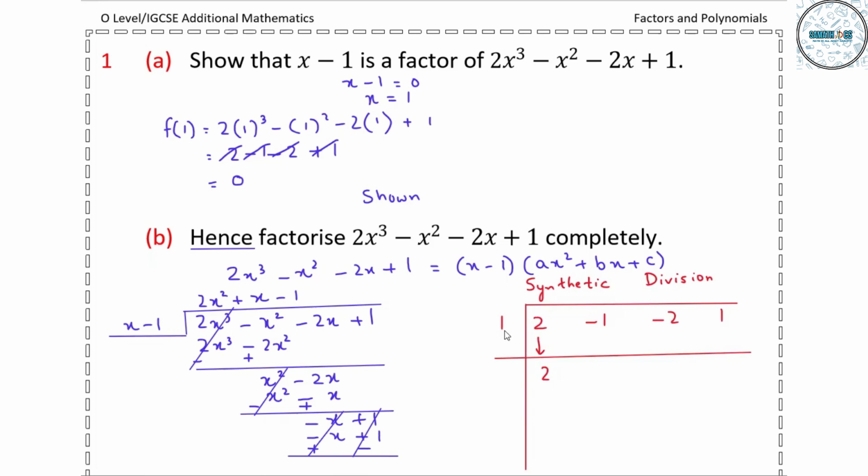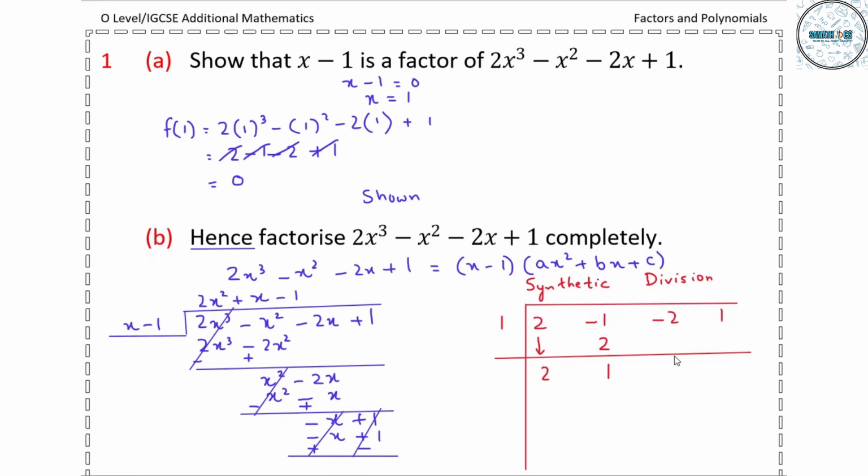We will multiply this 1 by 2 and write the result below this second number. So 1 multiplied by 2 is 2. It is to be written here. Now we will simplify these two. Minus 1 plus 2 is 1. We will do the same. We will multiply this 1 by the number which is outside. Here it is 1.